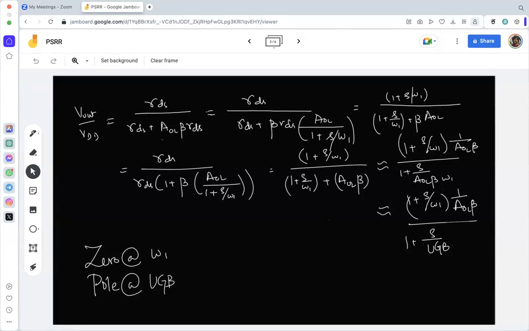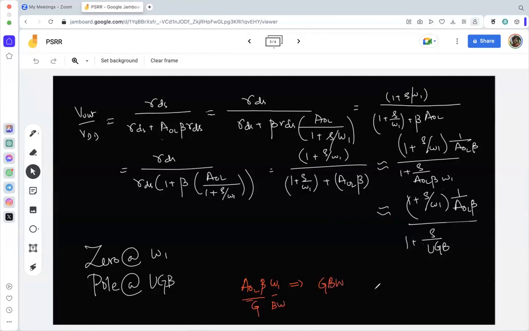Now, what about the pole? You see that the expression says AOL beta omega 1. What does that mean? This is your gain, this is your 3 dB bandwidth.